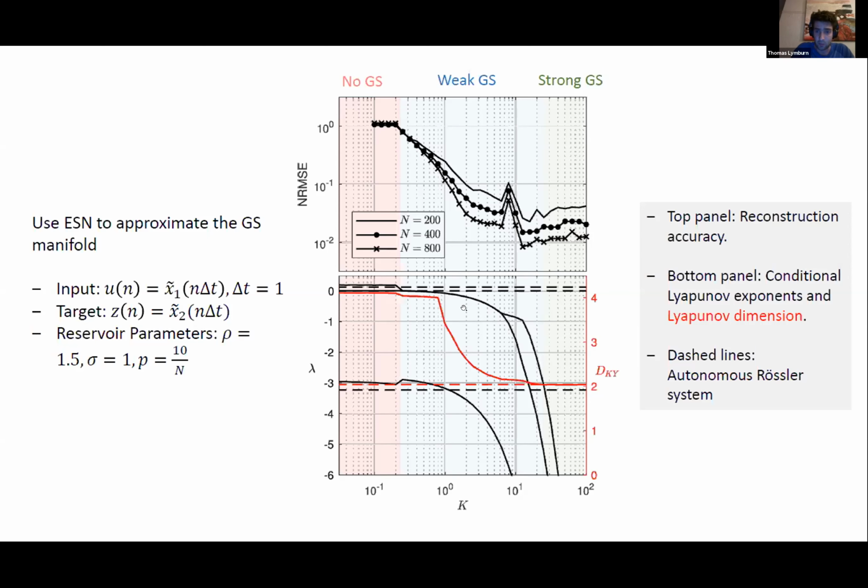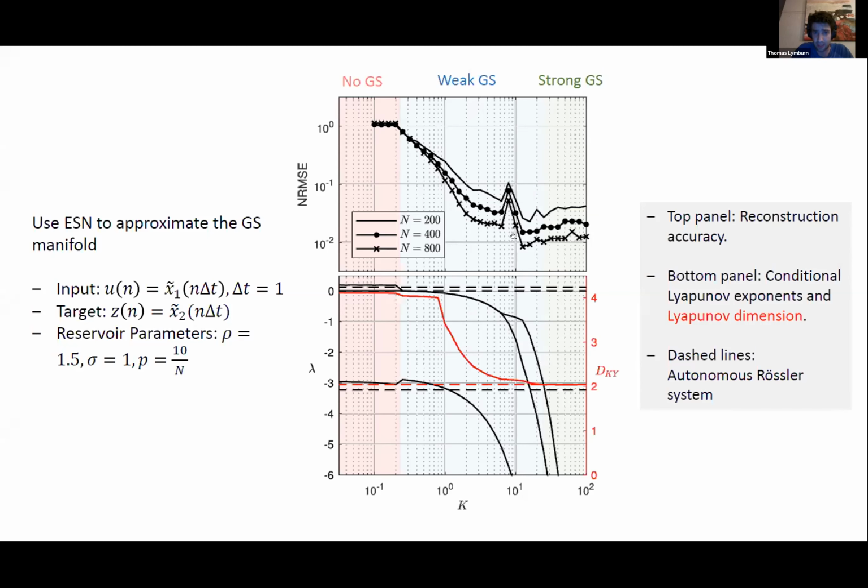And so what we see over here, in the performance of the reservoir, is that in this intermediate weak GS regime, the reservoir can reconstruct what should be a very complicated function. So this does seem to suggest that the reservoir's memory is allowing it to access the simpler temporal representation of the GS function.